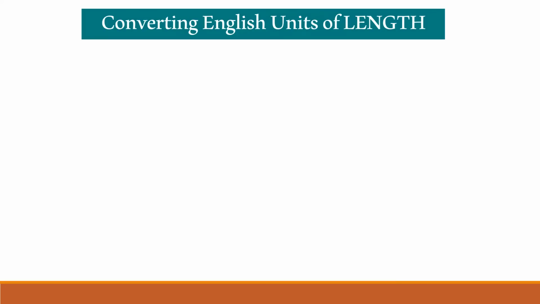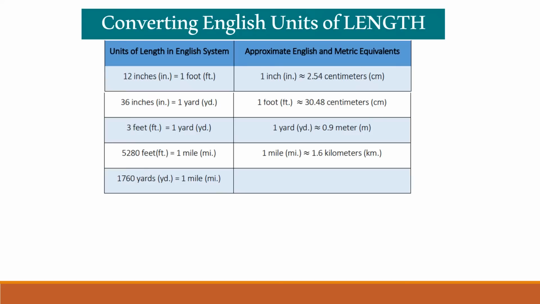Let's start with converting English units of length. So you should be familiar with the following conversions. In the first column, we have the exact conversions of English measures. And for the second column, we have the approximate conversion from English to metric or metric to English measurements.